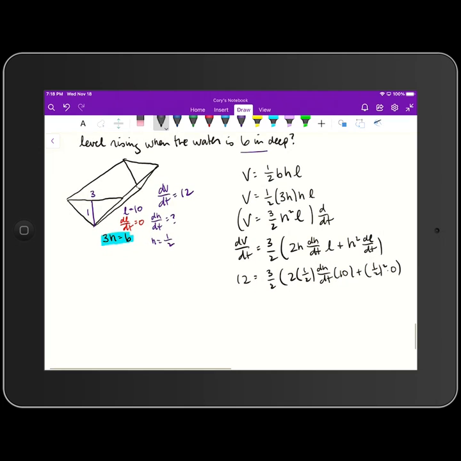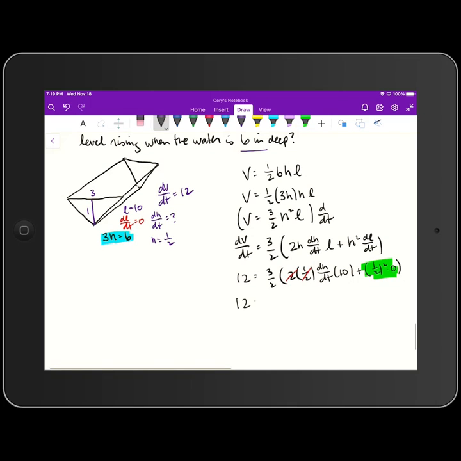Okay, so the factors of 2 and 1/2 cancel. Also this right here is going to be equal to 0, so I don't have to worry about that. So when I multiply 3/2 times 10, on the left-hand side we get 12. On the right-hand side, 3/2 times 10 is 15 dh/dt.